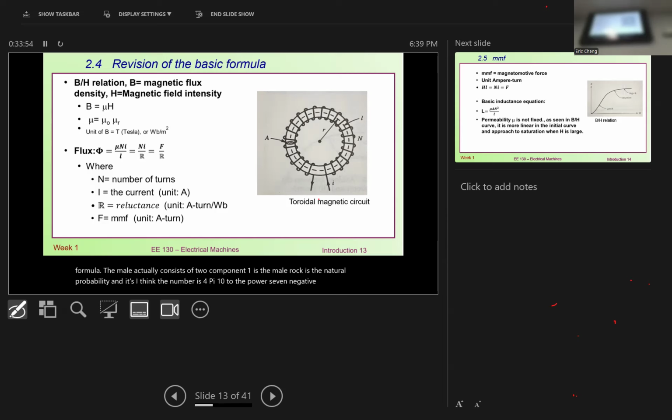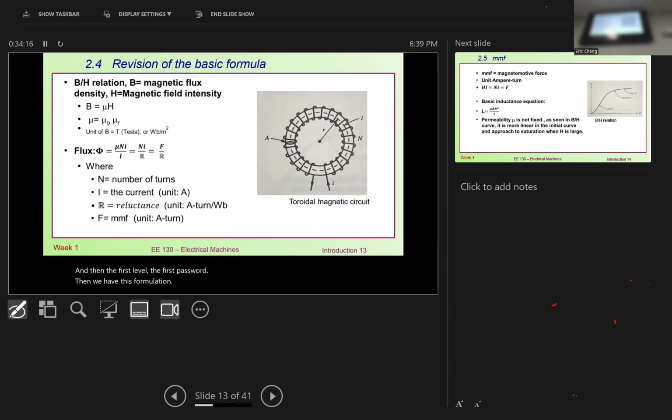And you know that. And then mu r is the relative permeability. Without any magnetic core, it will be 1. With a magnetic core, depending on the material, it can be 10, 20, 100, 1,000, and then the flux travels through the magnetic core, then we have this formulation.